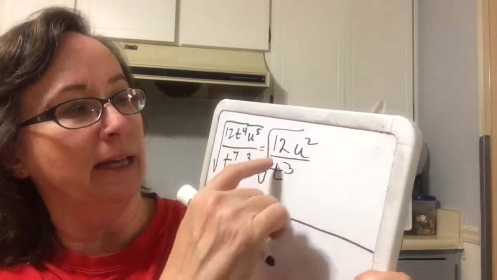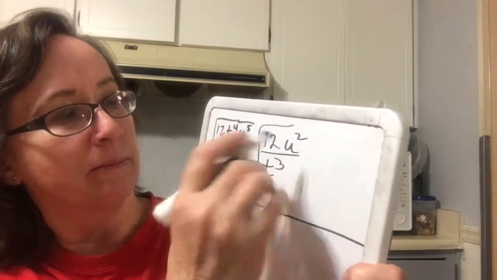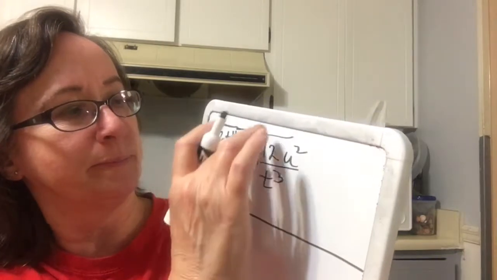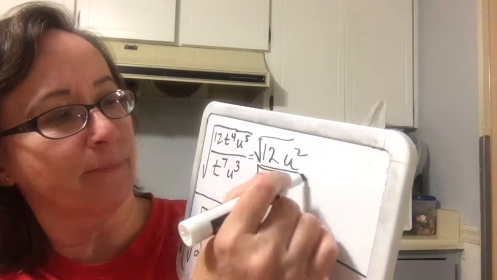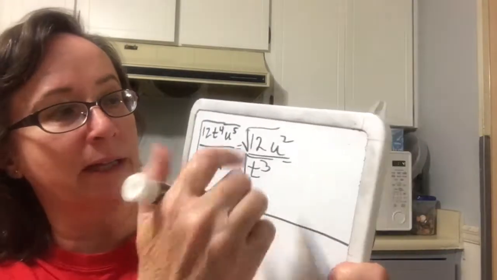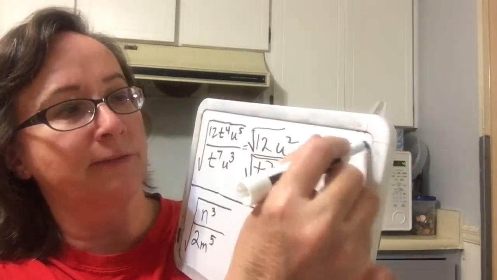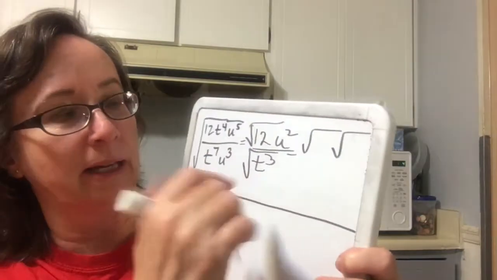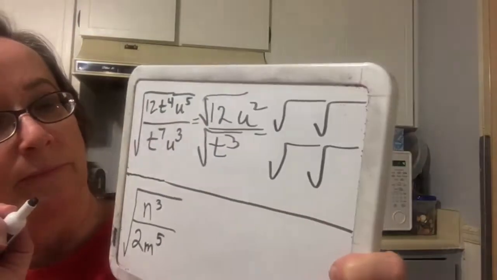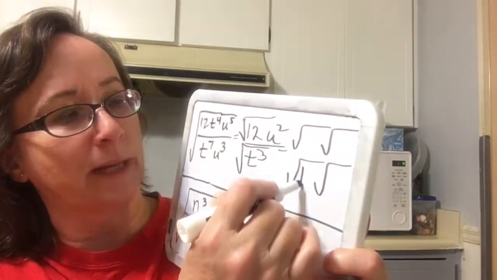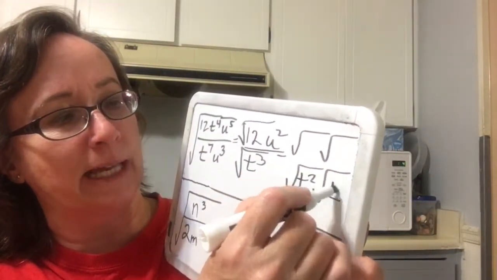So we're going to go ahead and split this one apart into two separate radicals. So now I'm looking for perfect and leftover. And on this one, perfect and leftover. So on the denominator, we got a t squared and an extra t.